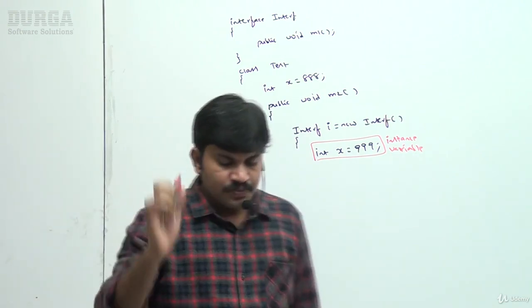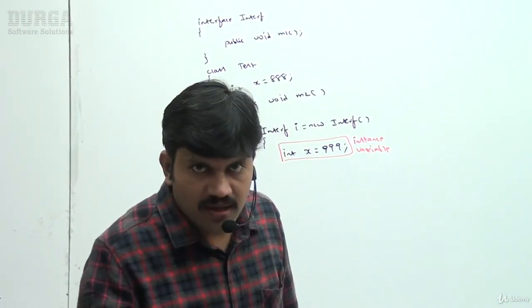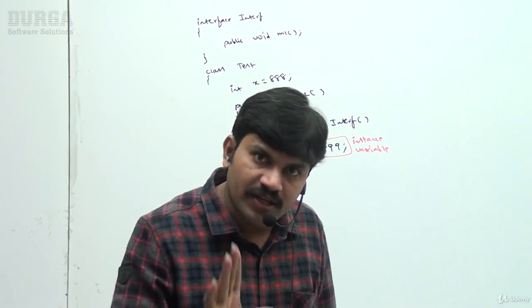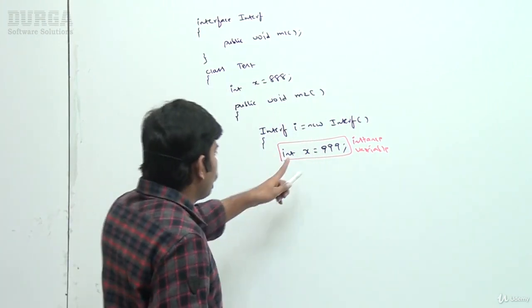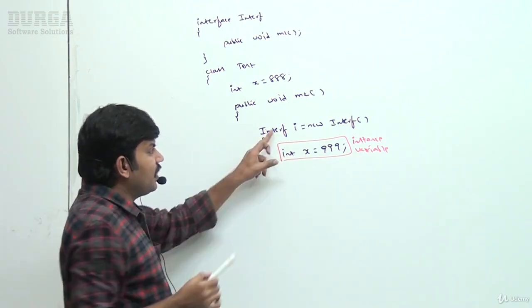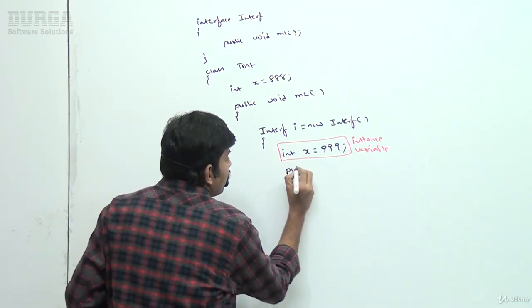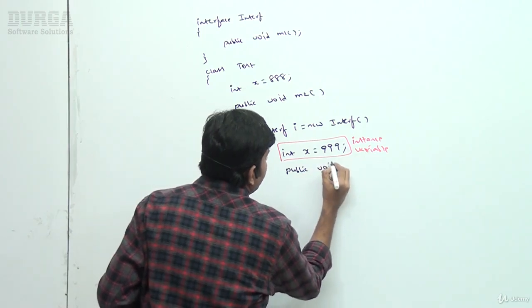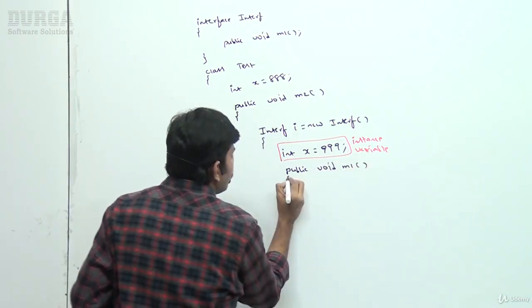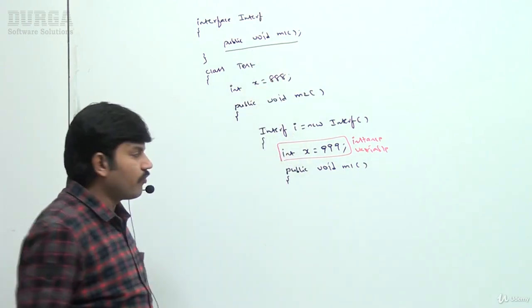Point number 1: inside an anonymous inner class, can I declare instance variables or not? Yes, we can declare instance variables, no problem at all. Now whenever we are implementing Intraf, which method do I need to provide implementation for? Public void m1, the method present inside the interface.